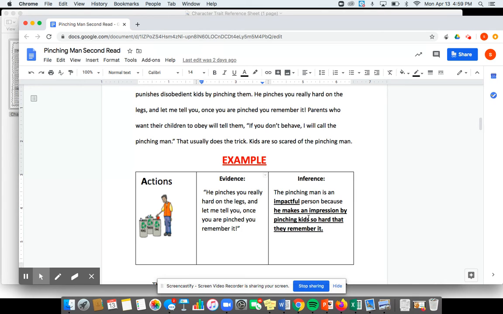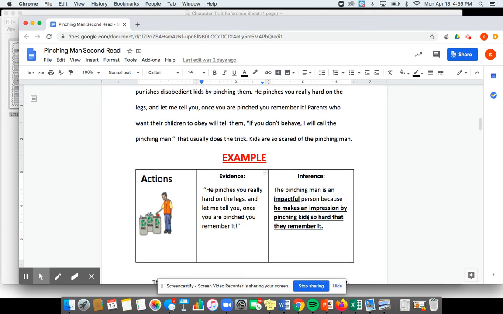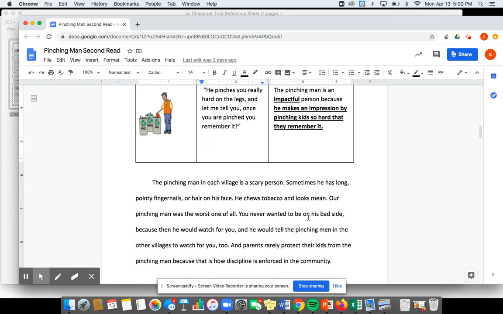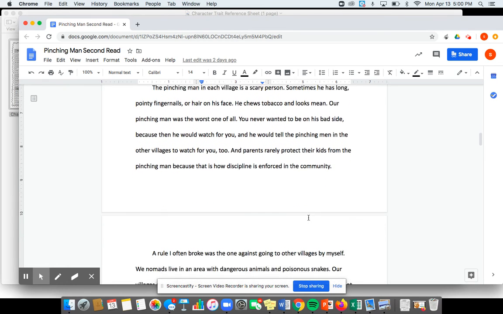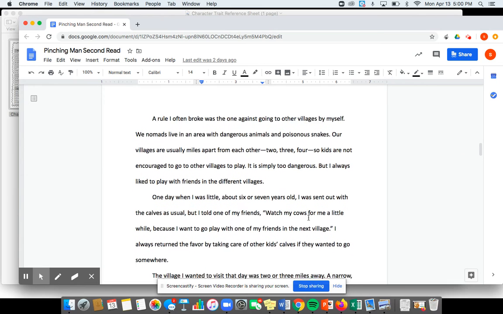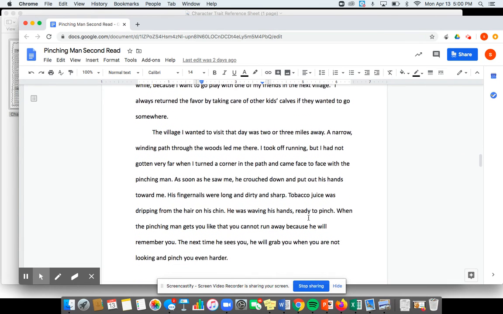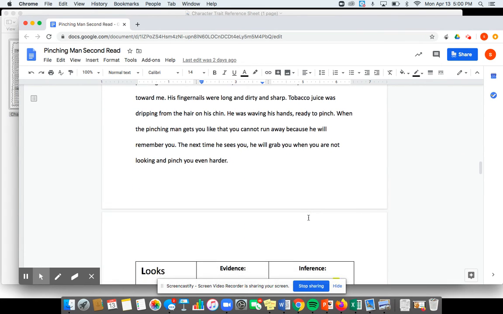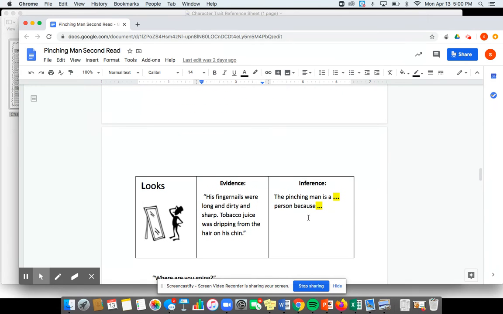So you are going to do the exact same thing as you read. You're going to continue through your second read on your own. And whenever you get to a box like this, you're going to look at the evidence, look at what part of a STEAL chart it is, and then you're going to fill out the yellow parts.